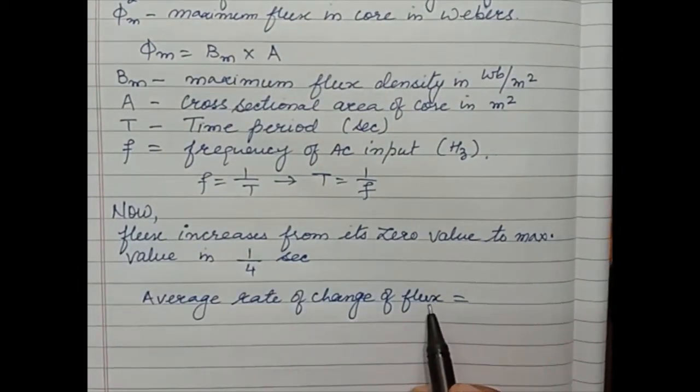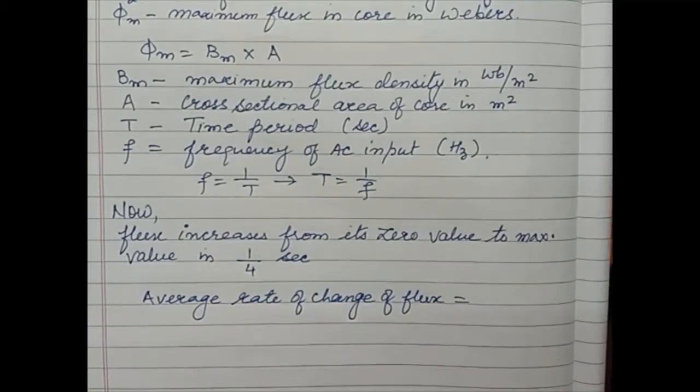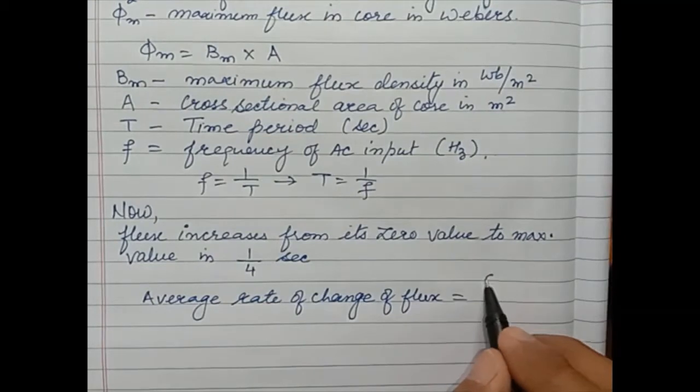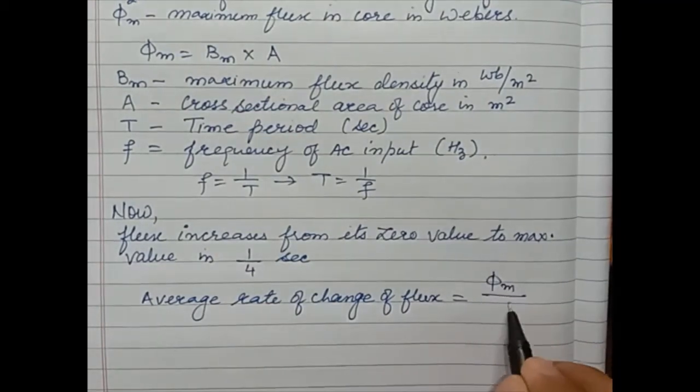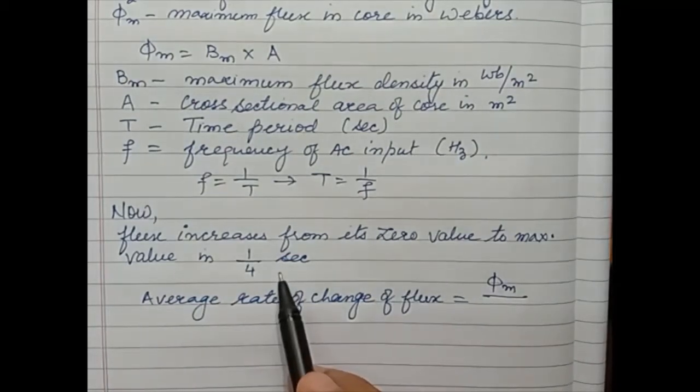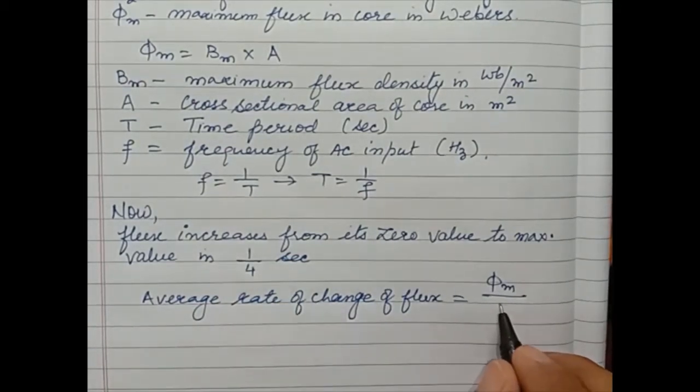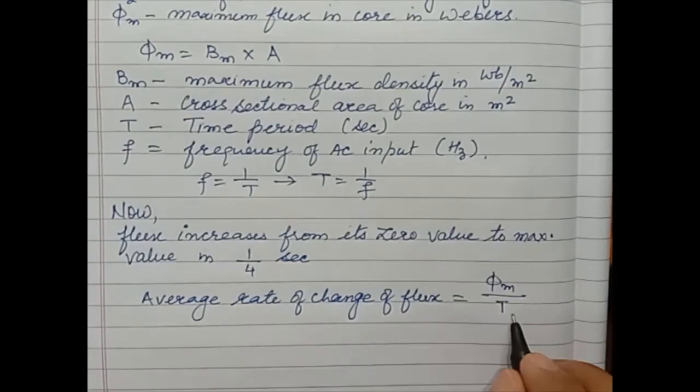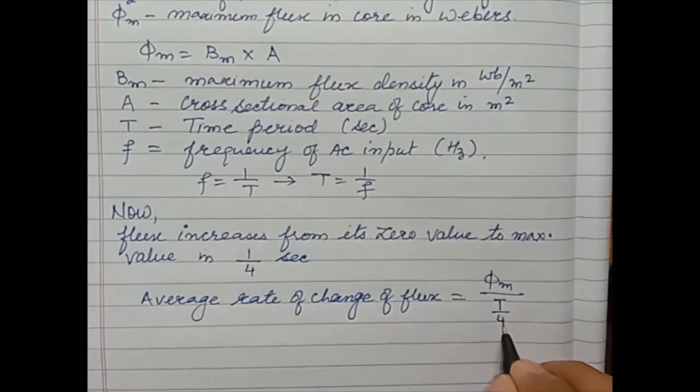Next is average rate of change of flux. Now the flux is changing, which means it is changing with respect to time. So we can say phi m divided by time, and time is T by 4.